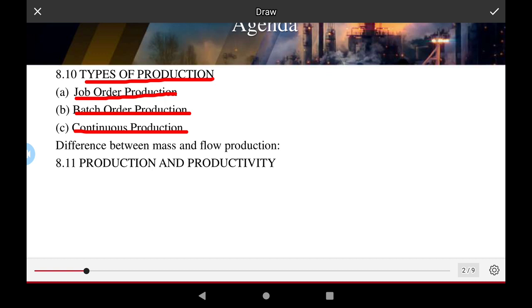The difference between mass and flow production, and production and productivity, and some discussion points on production and productivity.